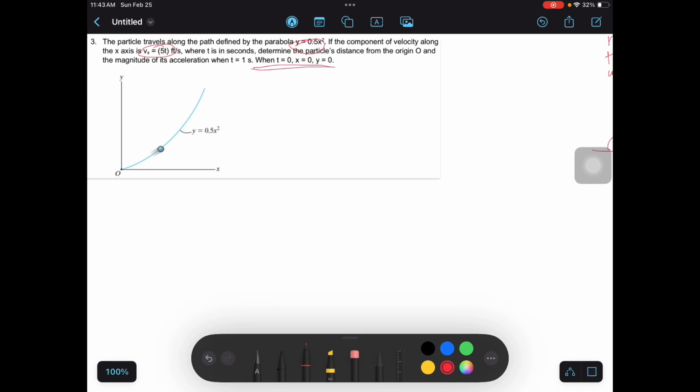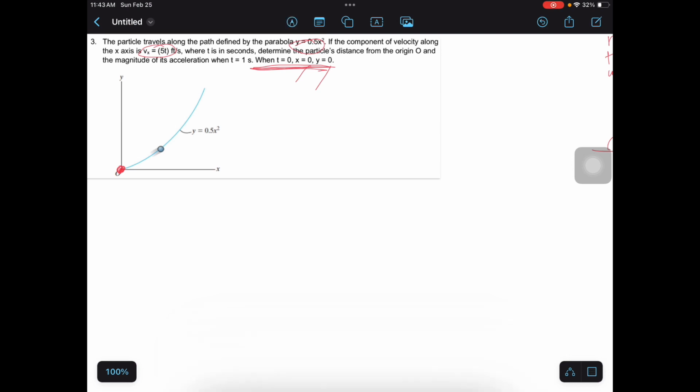So, this last sentence gives the initial condition that at time 0, your x and y are at 0. Since x is 0, y is 0 here, at time 0. So, let's answer. It asks for the distance and the magnitude of the acceleration.